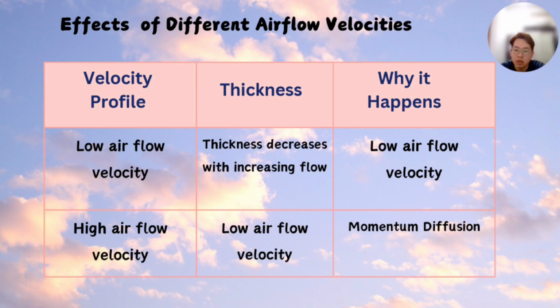Because viscous forces dominate, slowing fluid acceleration, and the boundary layer thickens as momentum diffuses over a larger region. And for momentum diffusion, what happens at lower velocity? Because viscous forces dominate, causing momentum to diffuse over a wider region. And at the higher velocity, inertial forces keep fluid momentum localized, tightening the boundary layer. Thank you.